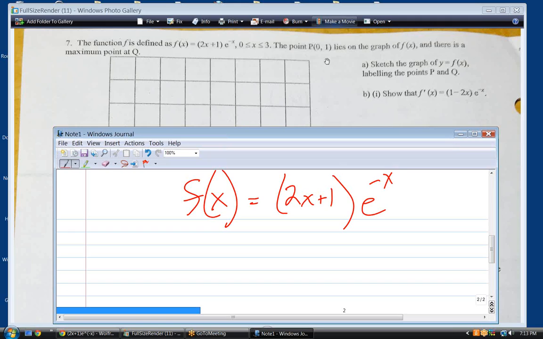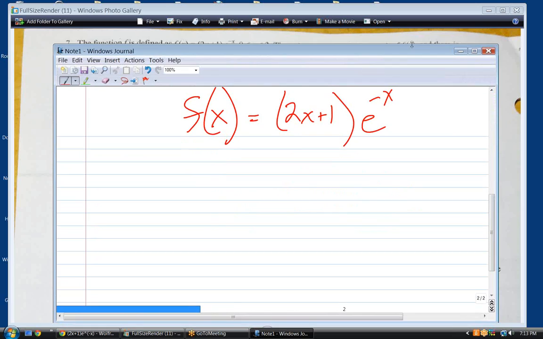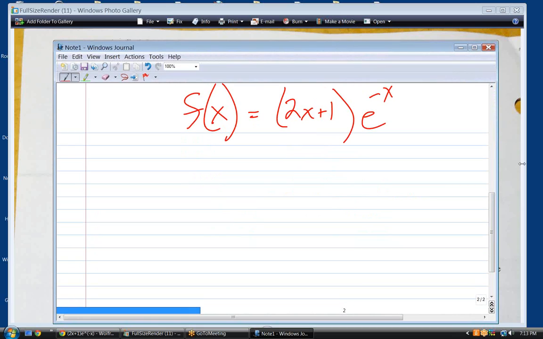All right, getting back to this problem. How do we take the derivative of that? We'll do a product rule. So product rule. I mean, yeah, product rule. Okay. So it'd be the quantity of 2x plus 1 times, would it be negative e to the negative x?